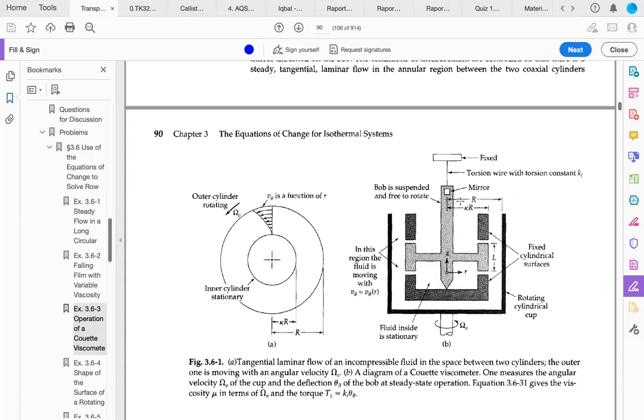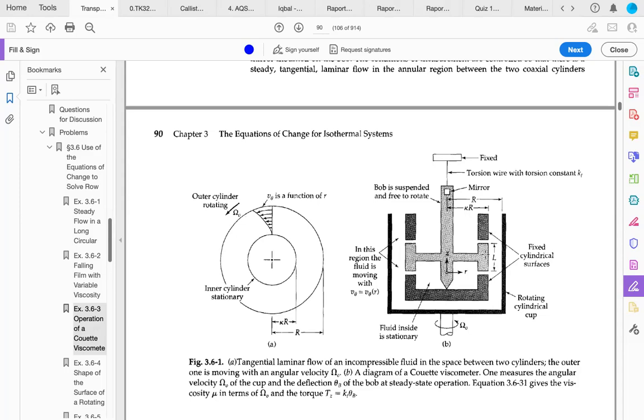What they do is rotate the inner cylinder, sorry, we rotate the outer one with the angular velocity of omega 0, and just keep the inner one fixed.